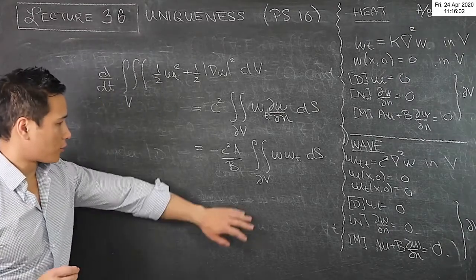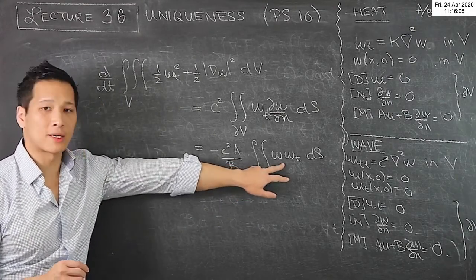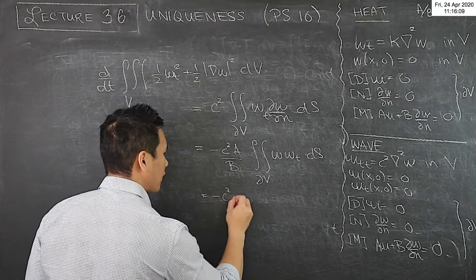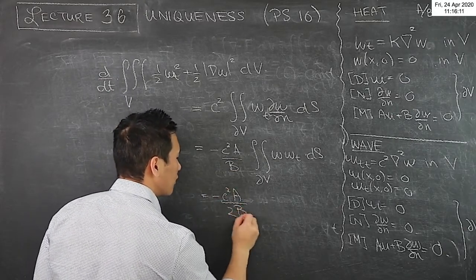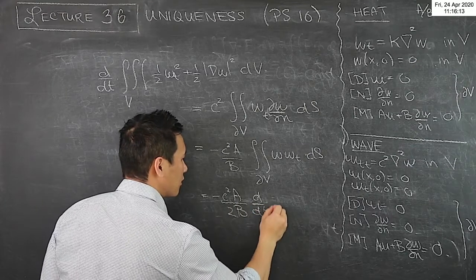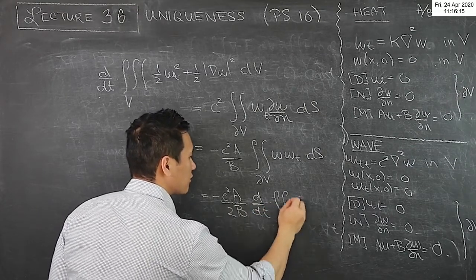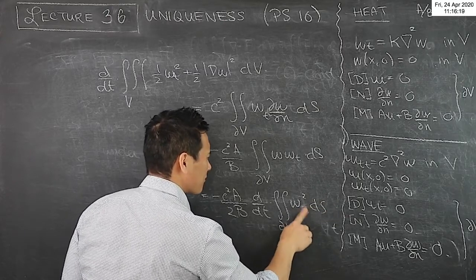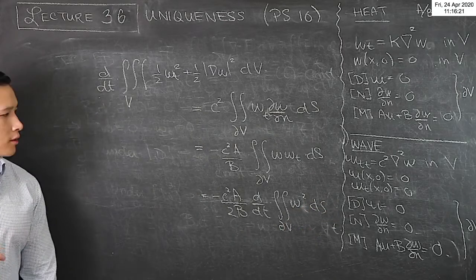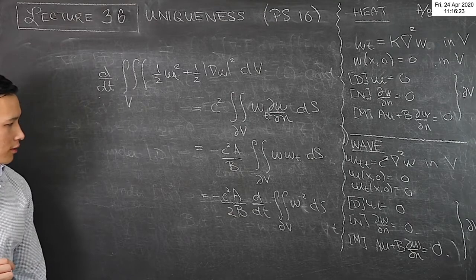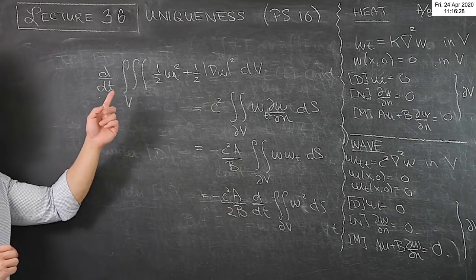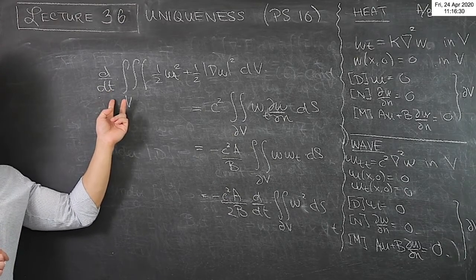Okay. And then what I do is I'm going to rewrite this as a derivative term. So I have a minus c squared a over 2b d/dt of a double integral of dV Wt squared ds. Sorry, there's no square there. Okay, and then finally I move this right-hand side over to the left-hand side and I put everything under the same derivative sign, d/dt.